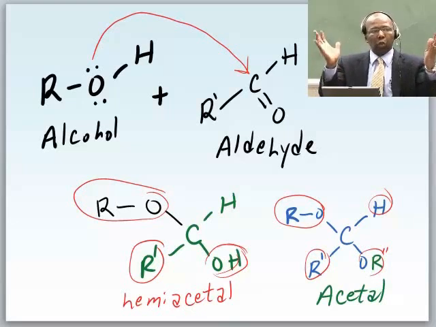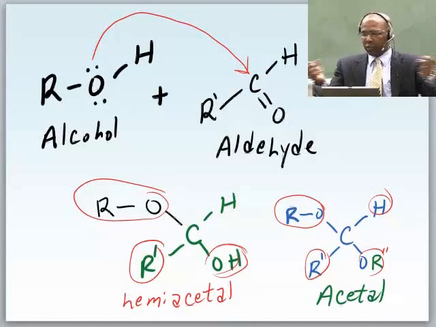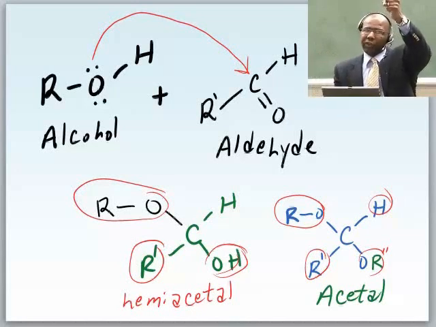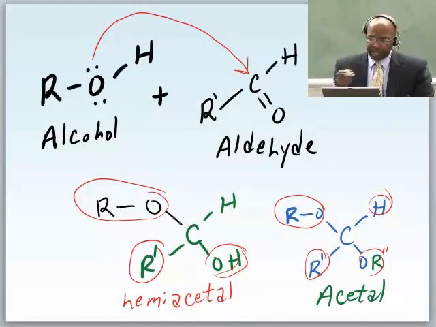And so when your straight chain of your carbohydrate closes and makes a ring, it goes from an alcohol to a hemiacetal. That's the ring structure. Okay. Now I need to show you one more.